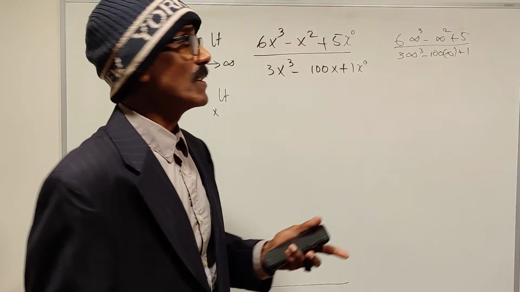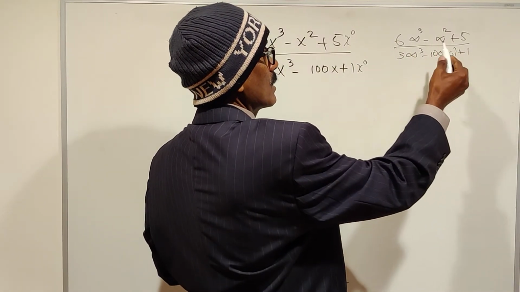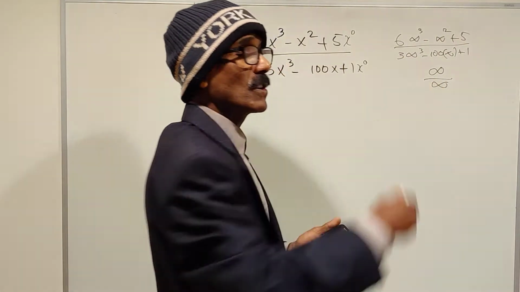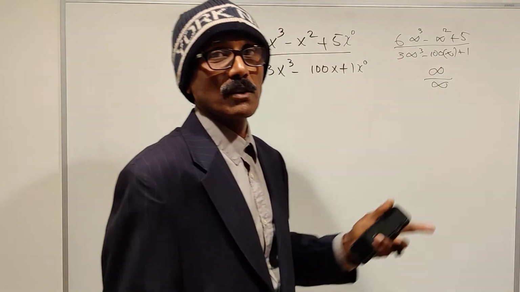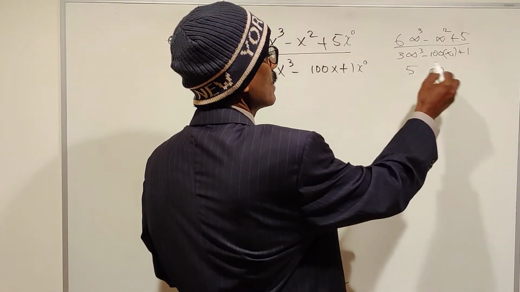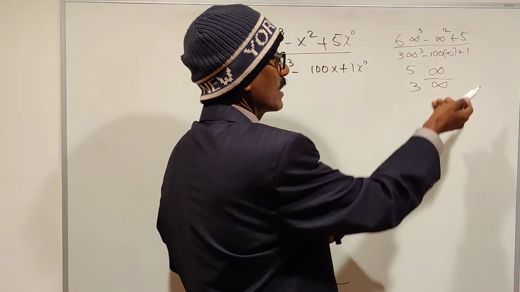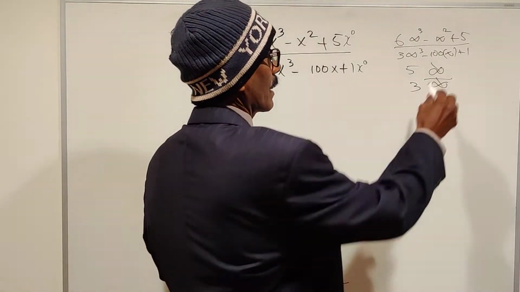Infinite cube minus infinite square, we cannot determine the value. So infinity divided by infinity, this also we cannot determine. Why? Because 5 times infinity divided by 3 times infinity, if infinity cancels, the answer is 5 by 3, right?